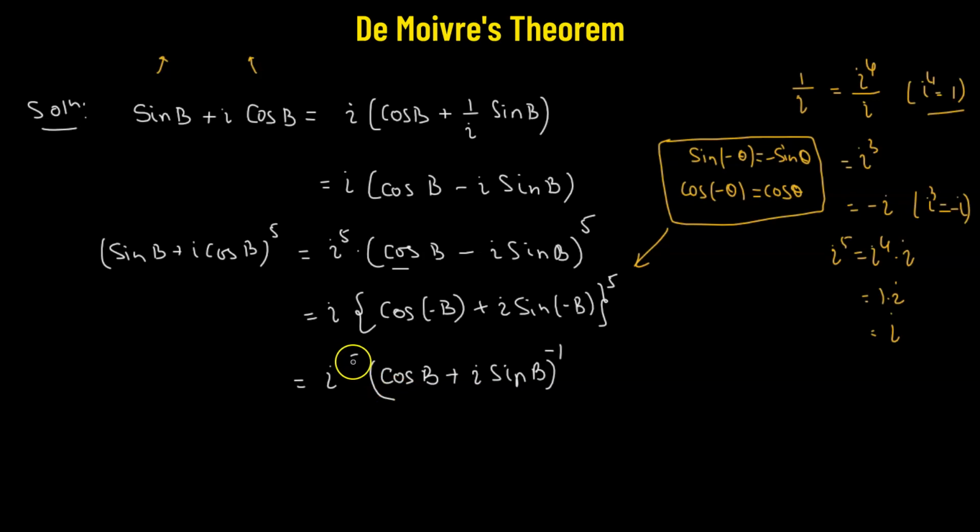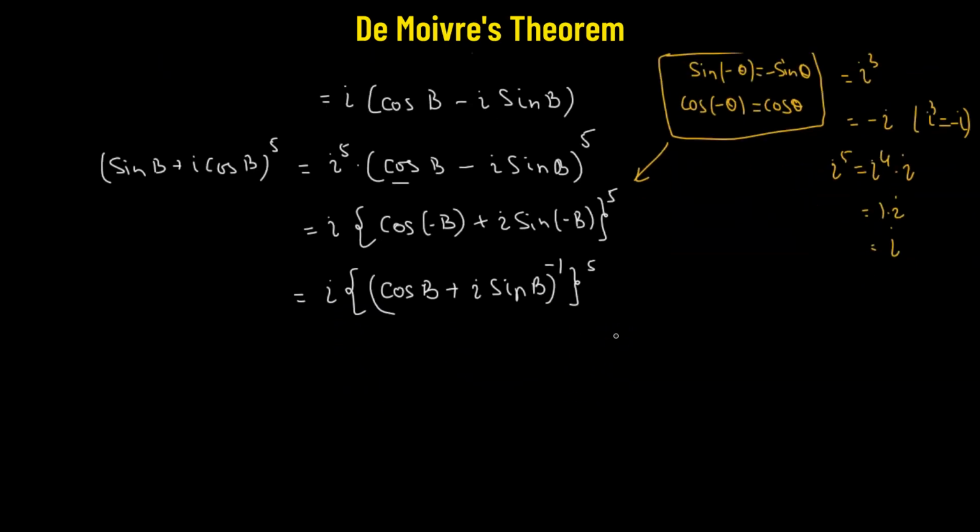And this is also raised to the power of positive 5. That means we now have iota multiplied to cosine of b plus iota times sine b whole raised to the power of negative 5. So this is the form of sine of b plus iota times cosine of b whole raised to the power of 5.